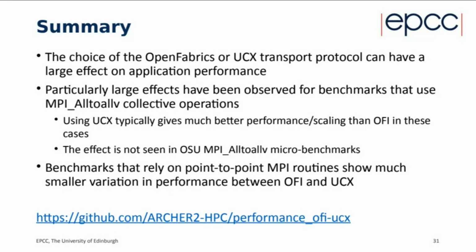And the simple advice is, particularly if you're using collective MPI operations in your code, then you should definitely test out UCX and see if it makes a difference to performance over the default OFI. There's a reasonable chance that it's going to help you. And what it means for us when we're compiling central versions of code to make available to users is that we build in the UCX version rather than the OFI version.